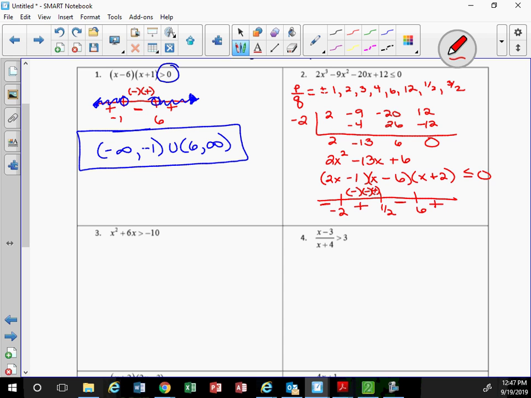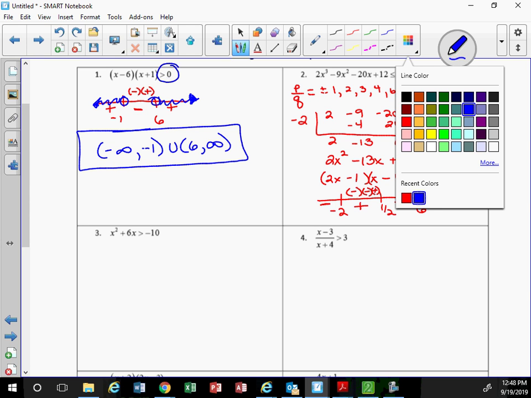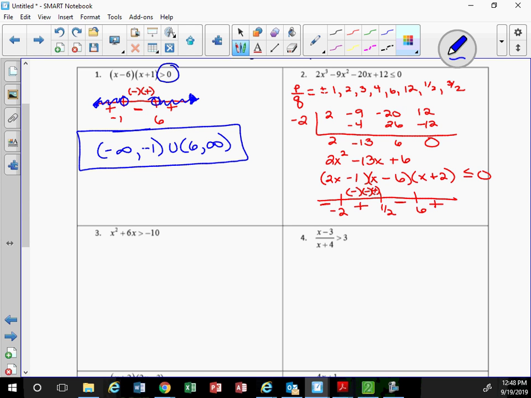Okay. All right, now again, think. What am I asking you? If it's less than or equal to 0, is that the negative parts or the positive parts? So that's over here, and that's in between here. What about the -2, 1/2, and 6?